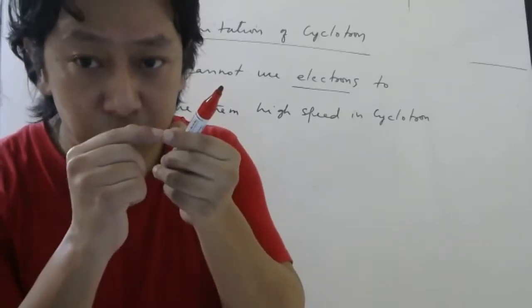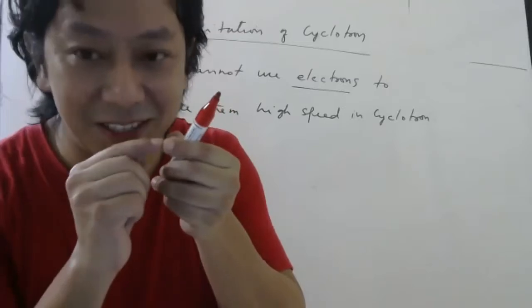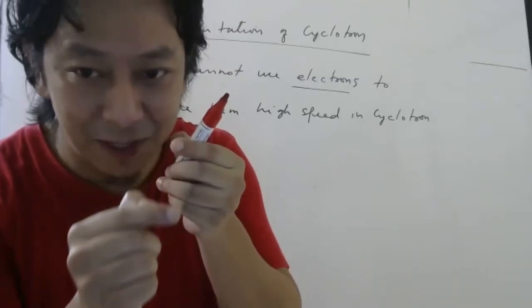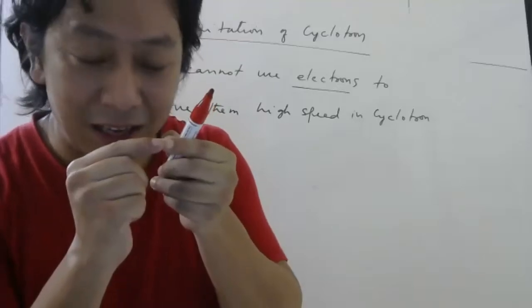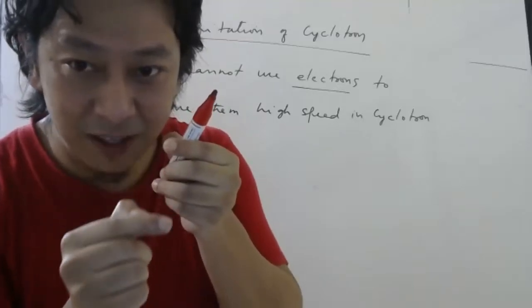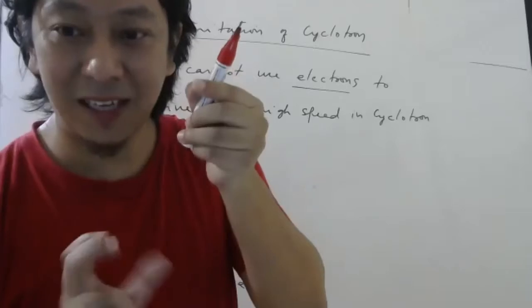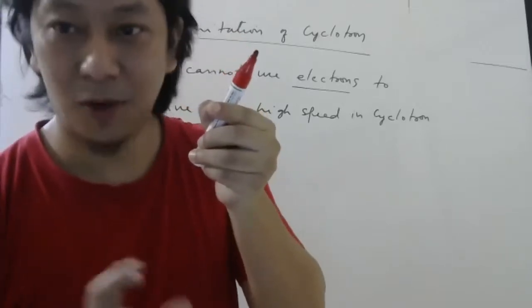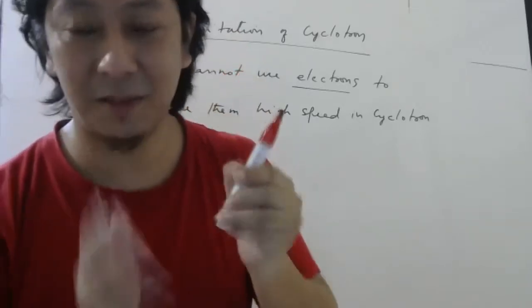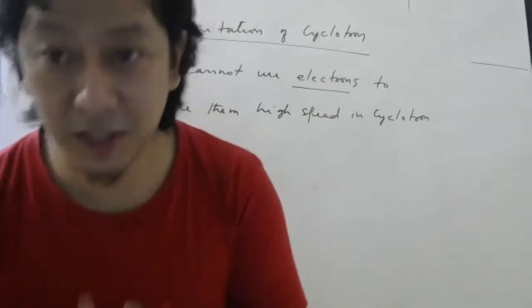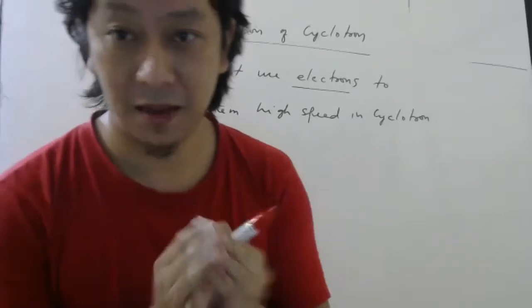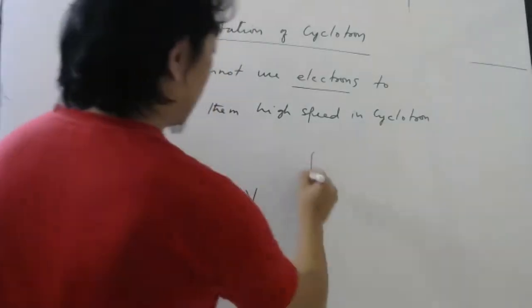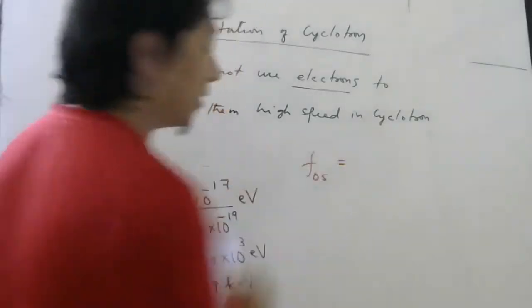Every time the charged particle comes back in between the D's, the polarity of the oscillator should change. That means the frequency of the oscillator should match with the frequency of revolution.